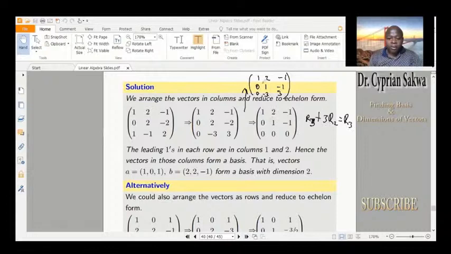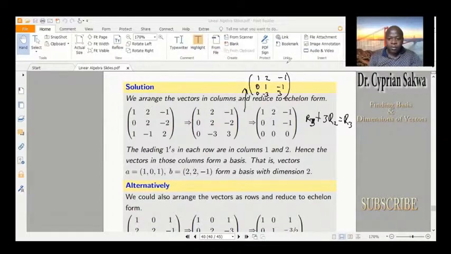So you can see that the first row remains where it is, the second row remains where it is, and then to obtain this, this times 3 plus this gives me 0, and this times 3 plus this gives me 0. So this is what I end up with as the final matrix in echelon form.